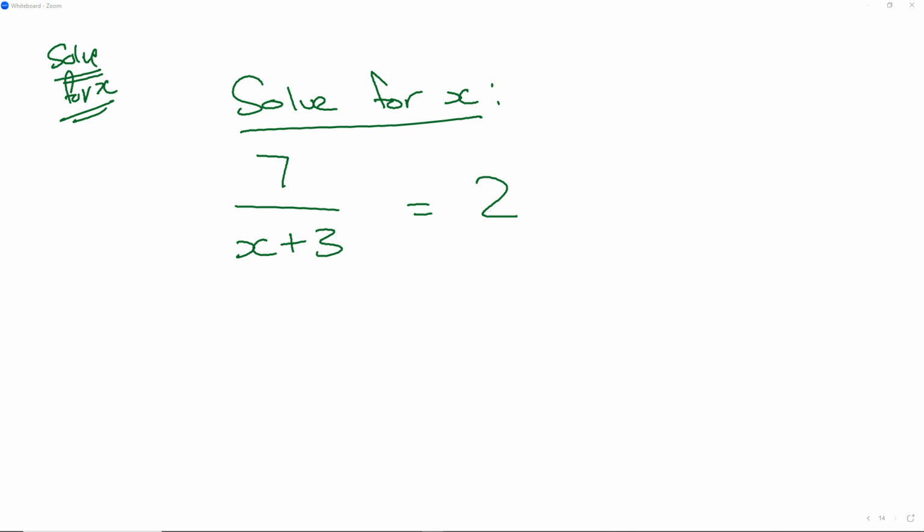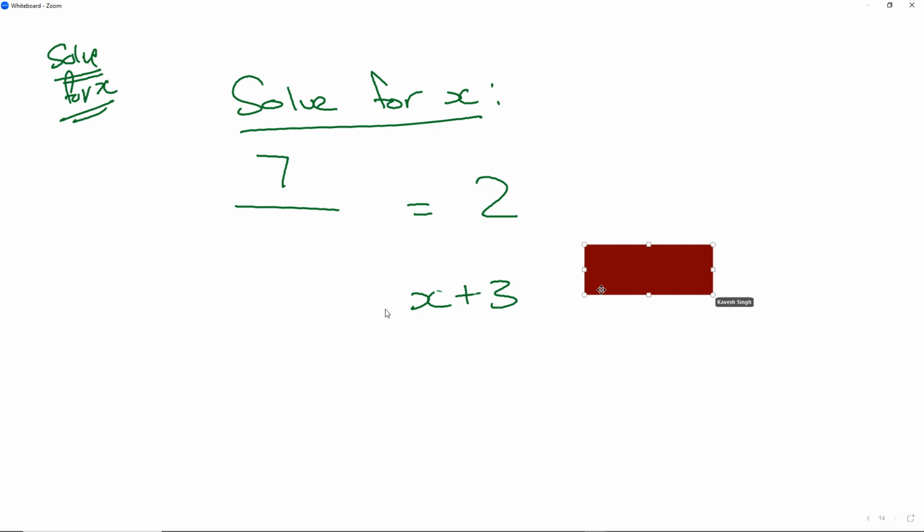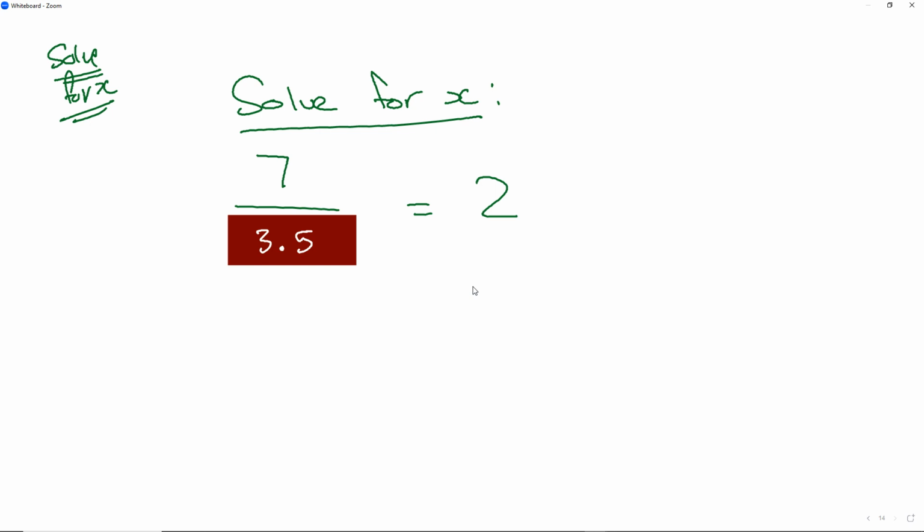If you're given a fraction like this, you could use the blockout method. The blockout method is if you block out anything that's next to x or together with x out completely, you can see that that is 3.5. Okay, that is 3.5 because 7 divided by 3.5 is 2. So using this now, x plus 3 equals 3.5.